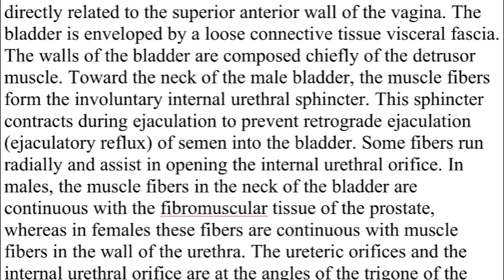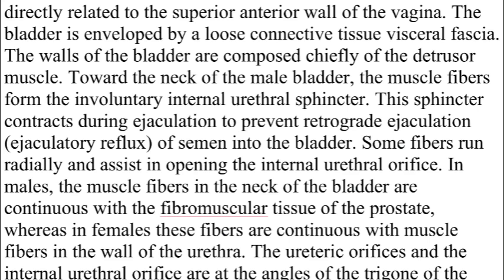Towards the neck of the male bladder, the muscle fibers form the involuntary internal urethral sphincter. The sphincter contracts during ejaculation to prevent retrograde ejaculation of semen into the bladder.